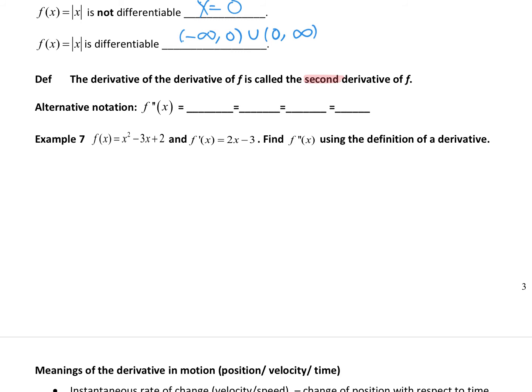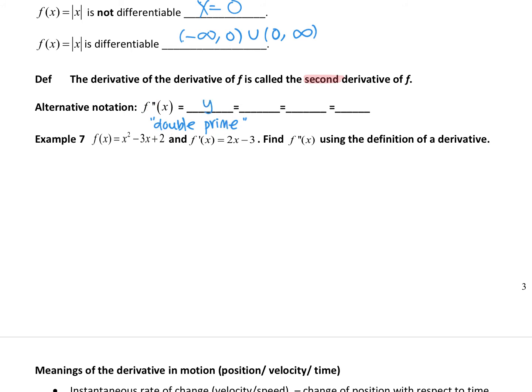So if you look at the notation here, you notice there are 2 dots or 2 dash things. So this is the second derivative. And I'm going to read it as double prime, right? So the second derivative, when I write it like f double prime.